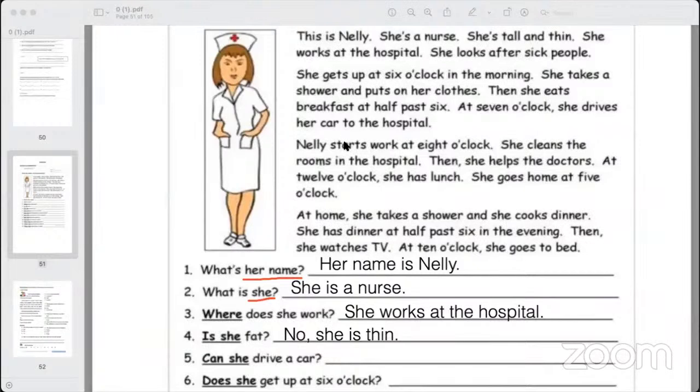So who's going to answer? I've actually called out a few. Oh, I've been muted. Unmute Nisha, answer. Can she drive a car? Do you understand the question?